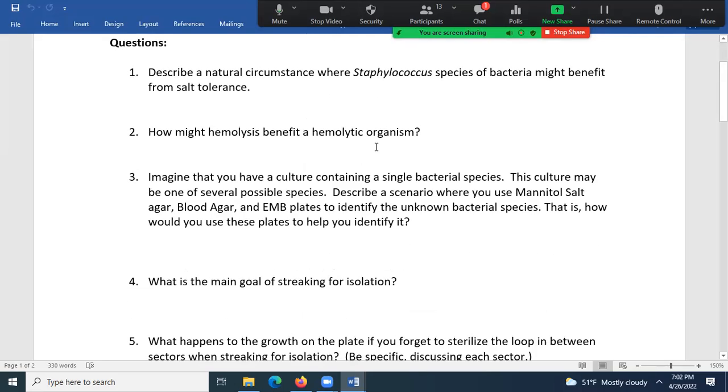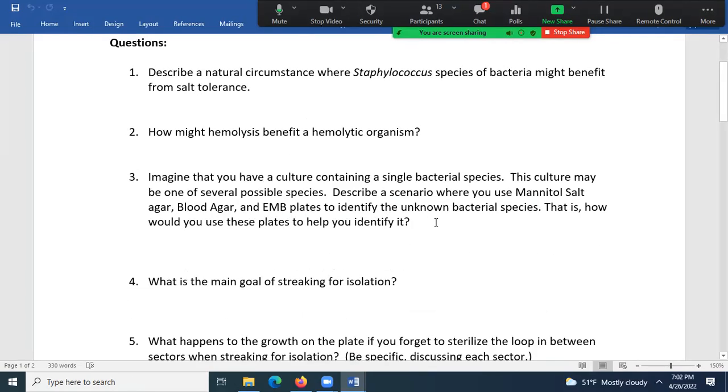2, how does hemolysis benefit a hemolytic organism? Write your answer. 3, imagine that you have a culture containing a single bacterial species. It could be one of several possible species. Describe a scenario where you use mannitol salt agar, blood agar, and EMB, eosin methylene blue plates to identify the unknown bacterial species.